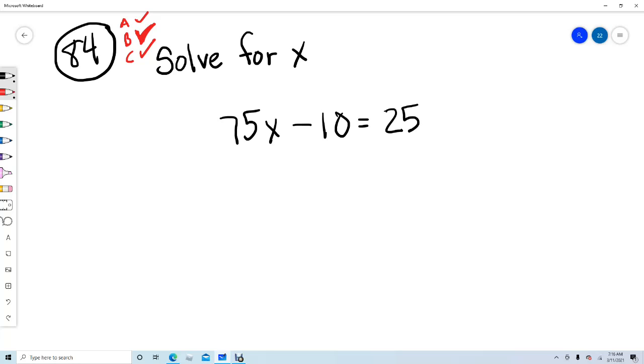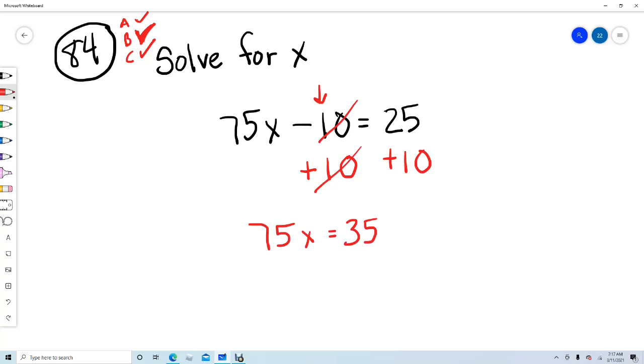I don't know how this is going to come out. All right, so our first step would be, like I told you, we need to take care of our constant right here. So that's the first thing you do in a 2-step problem. Add 10 to both sides. All right, I'm going to do it vertically like they showed us in section B. Minus 10 plus 10 evaluates to 0. I'm left with 75x equals 35.